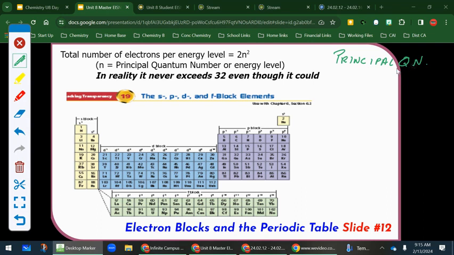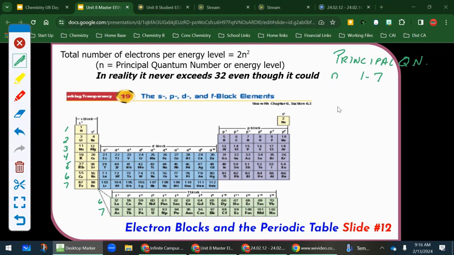The principal quantum number is represented by the symbol N. And N can be from what to what? 1 through 7. Okay? So N can be from 1 through 7. Here's 1. Here's 2. Here's 3. Here's 4. Here's 5. Here's 6. Here's 7. This is part of 6. This is part of 7.